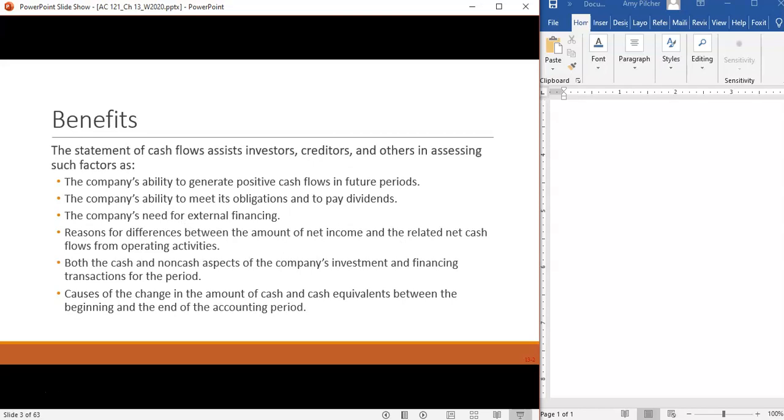The benefit of making a statement of cash flows is that we can see a lot of information about the company's ability to pay their debts, to generate cash from their operations, what decisions they make about paying dividends, whether or not they have negative cash flows and have needs for taking on short-term and long-term financing, etc.